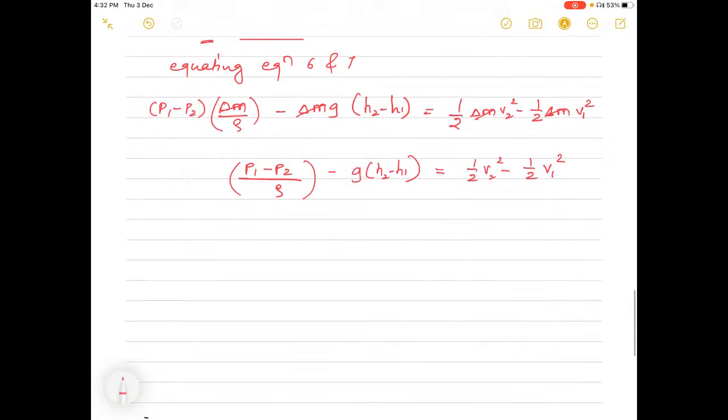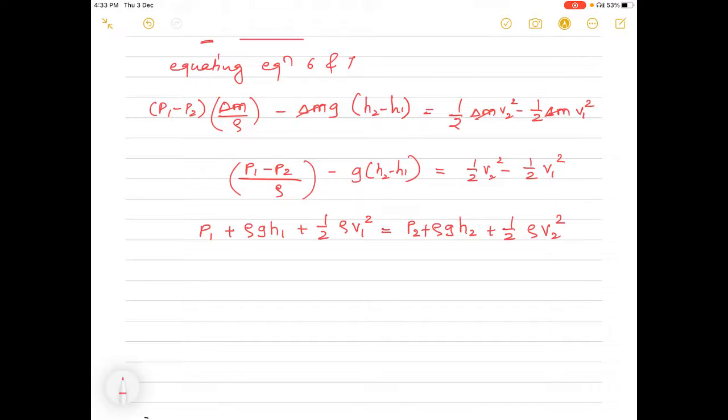Now rearranging this equation again, we get P1 plus rho g H1 plus half rho V1 square is equal to P2 plus rho g H2 plus half rho V2 square. We have taken all the terms with subscript 1 and subscript 2 on the respective sides, the left hand side and right hand side.